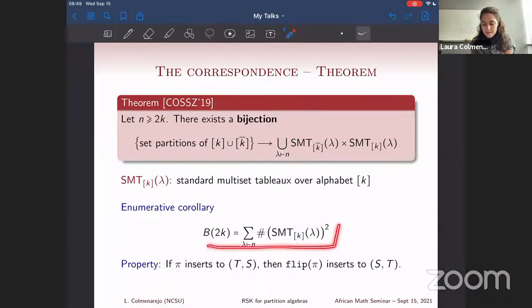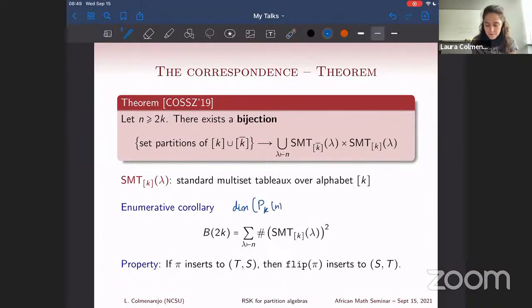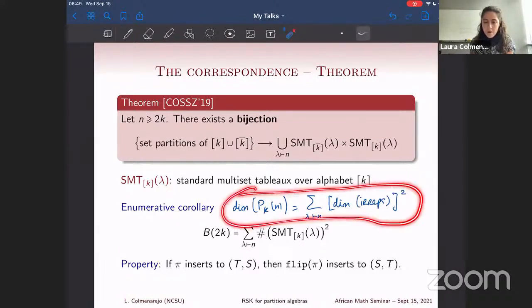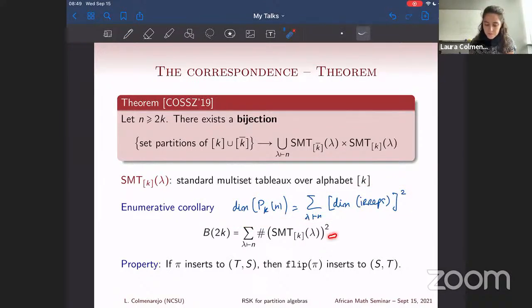That is exactly the result that I was looking for, for the partition algebra, because this is the dimension of the partition algebra and this is the dimension of the irreps. So what we did was write that the dimension of P_k(n) equals the sum of the dimensions of the irreps squared. So this is the representation theory version of this enumerative result, which is coming from our projection.